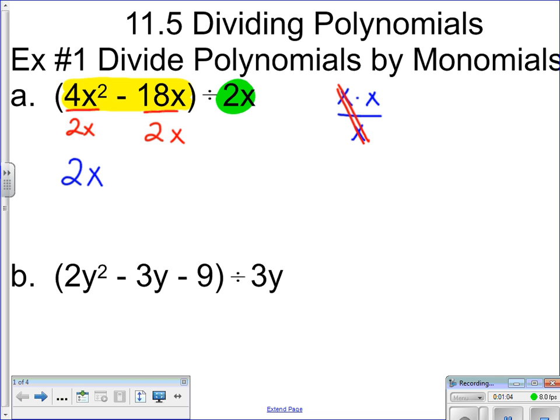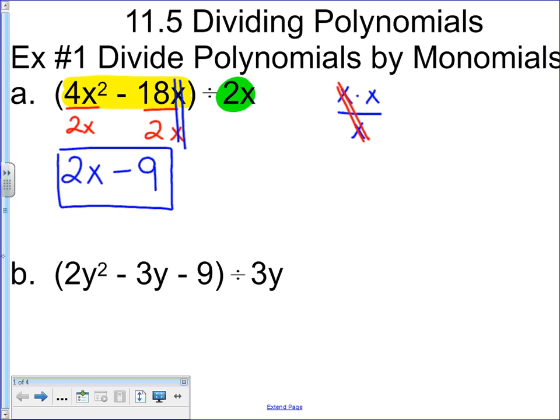And then minus 18 divided by 2 is 9. And again, when there's an x on the top and an x on the bottom, they cancel out. So your final answer is 2x minus 9. Okay? Let's move on to the next one.